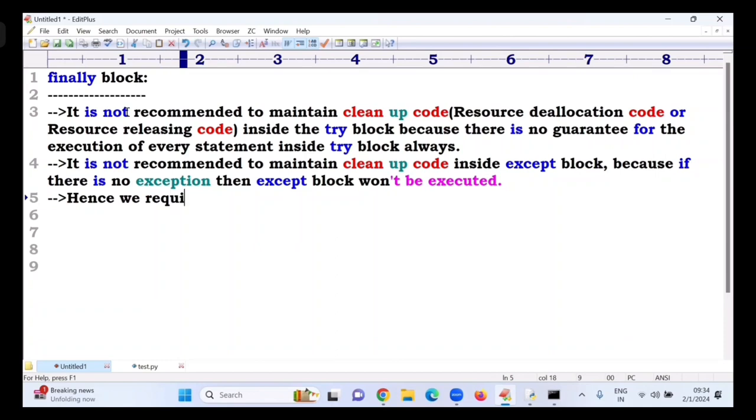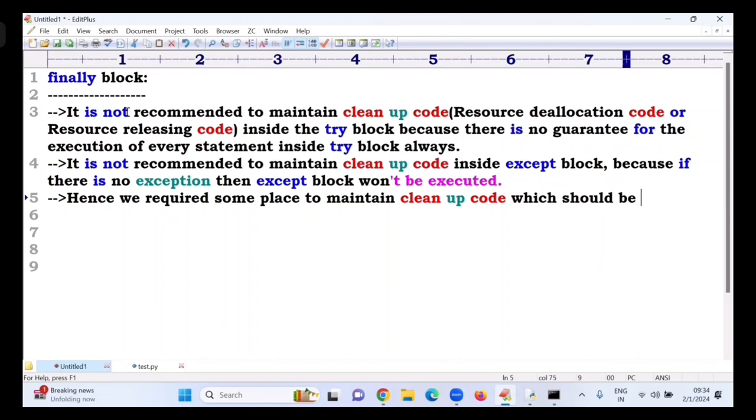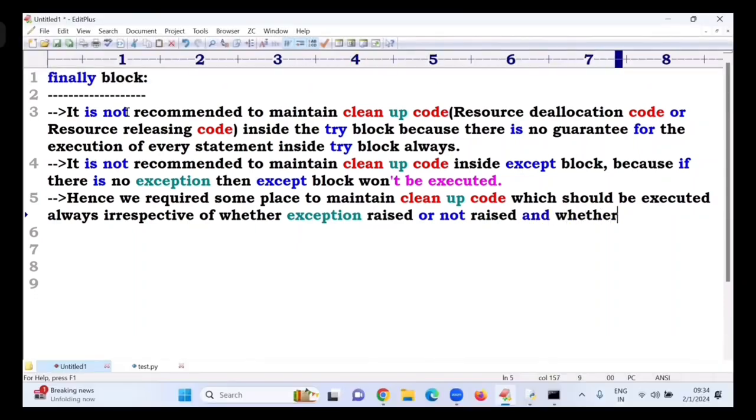Hence, we require some place to maintain cleanup code, which should be executed always, irrespective of whether an exception is raised or not raised, and whether the exception is handled or not handled.